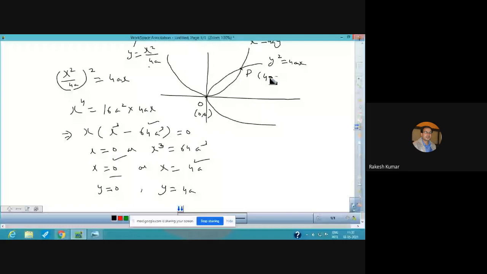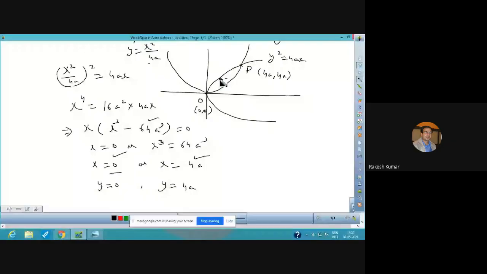Now we have to find the area with the help of a double integration. Remember, we are in Cartesian form, and for the area we need one limit in terms of a variable and the other limit in terms of a constant. So you can draw the vertical stripe, and the vertical stripe is for the limits of y.